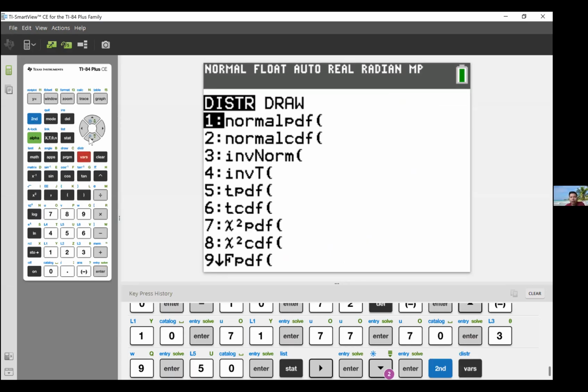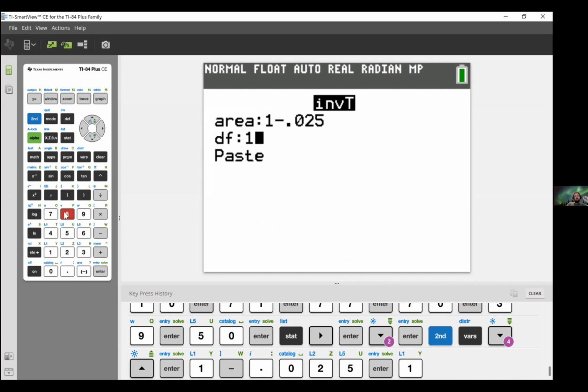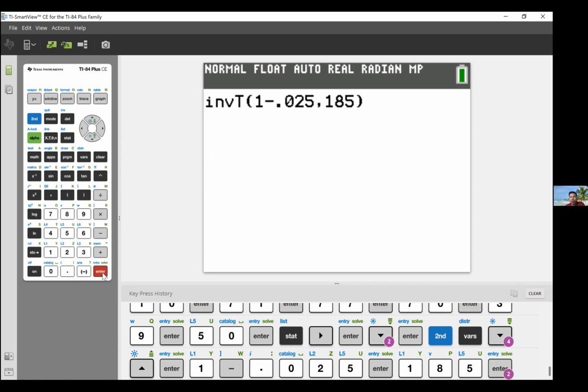When you do inverse t, for the area you just put 1 minus 0.025, then for the degree of freedom, just put 185. Just put it exactly how you saw it in the notation on the formula itself, and the calculator understood it. You don't have to do that subtraction first. You can just put it in there in one strike.